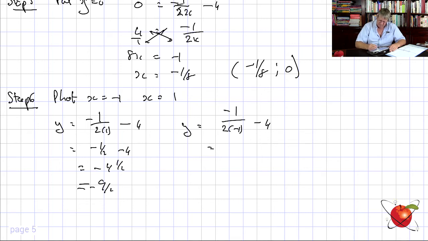That is going to be a half minus 4. So we've got our points there, and a half minus 4 is minus 3.5. Minus 3.5. So we can now plot those points.